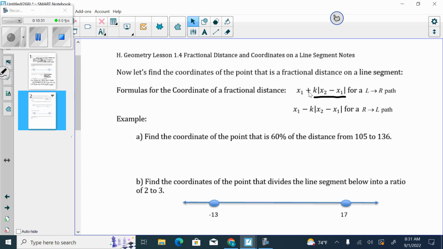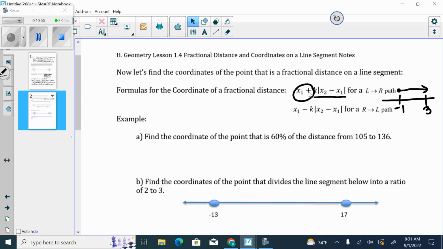X1 plus means that on the number line, maybe you're at -1 and you're going here. That means you're going from this point to the 3, okay? If that is the scenario, if you're moving from left to right, in front of the formula, you're going to add this x1 plus.